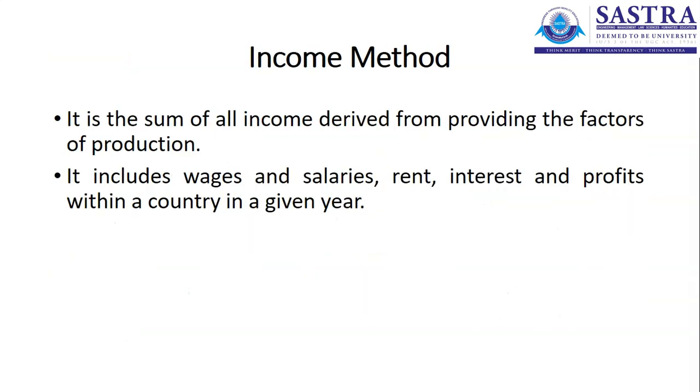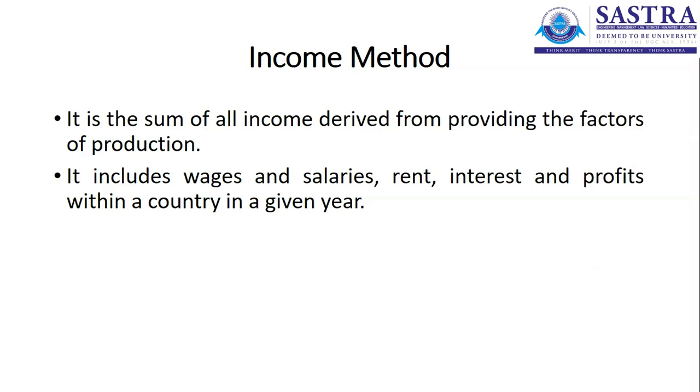And the income method is the sum of all income derived from providing the factors of production. It includes the wages and salary, rent, interest and profit received within the country in a given period of time.